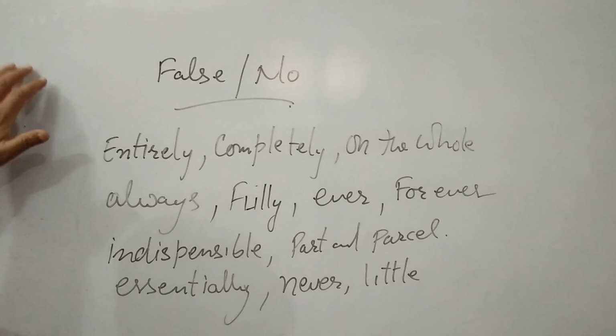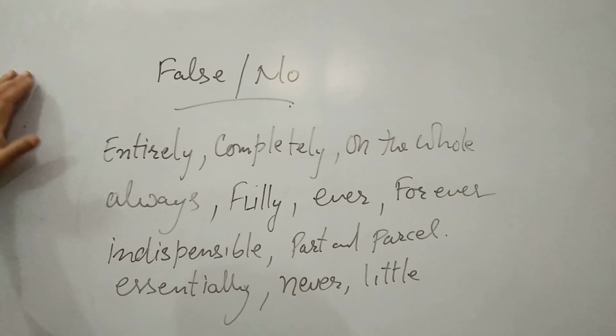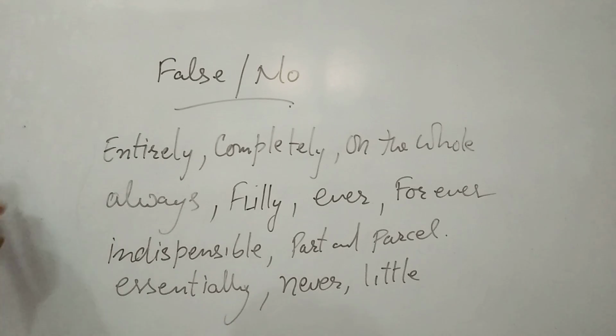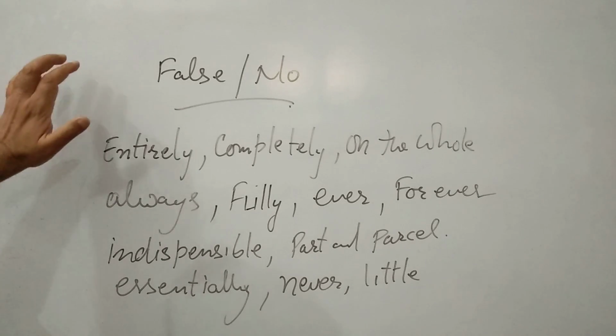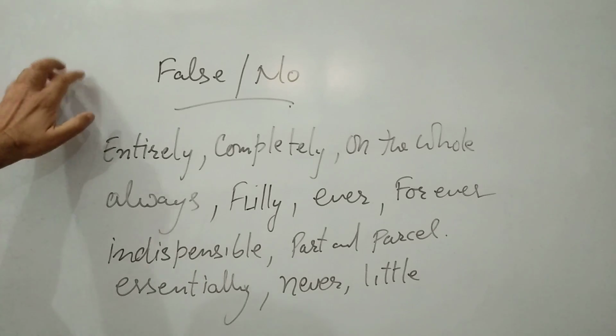For false or no, if the statement has words like entirely, completely, on the whole, always, fully, ever, forever, indispensable, part and parcel, essentially, never, little, because they are very strong words, and usually when there are strong statements, there are very good chances that they are either false or no. If you have true false type questions, you write false.